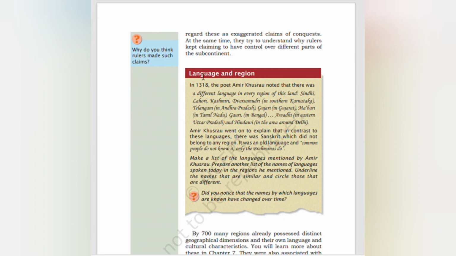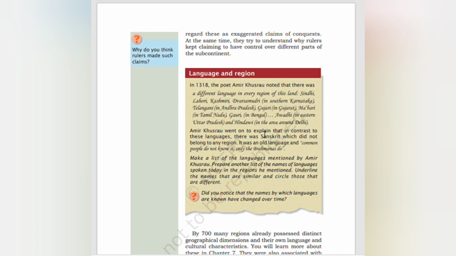Language and region. In 1318, the poet Amir Khusro noted that there was a different language in every region in this land: Sindhi, Lahori, Kashmiri, Dwar, Varshamudri in South Karnataka, Telangana in Andhra Pradesh, then Gujarati, Gujari in Gujarat, Mabari in Tamil Nadu, Gauri in Bengal, Awadhi in East Uttar Pradesh, and Hindavi or the area around Delhi.